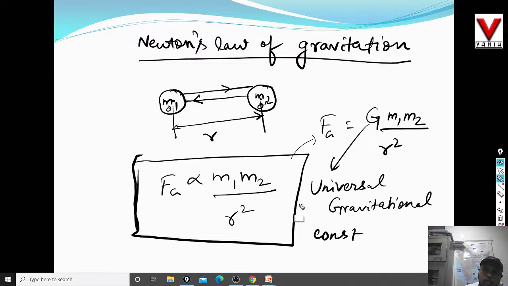I will be writing down the formal Newton's law of gravitation. Now this value is fixed. Capital G is 6.67 into 10 to the power minus 11 Newton meter square per kg square. So I hope it is clear.